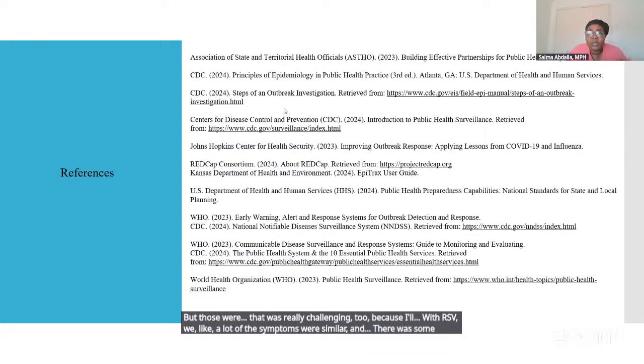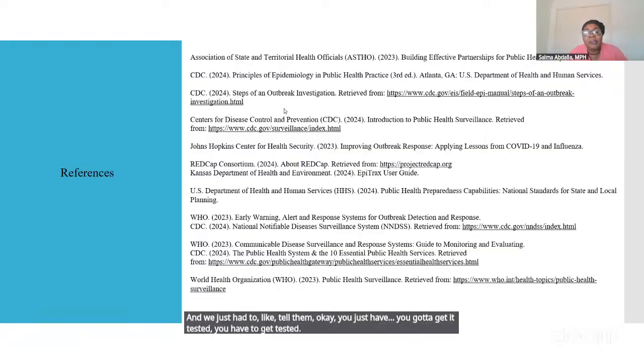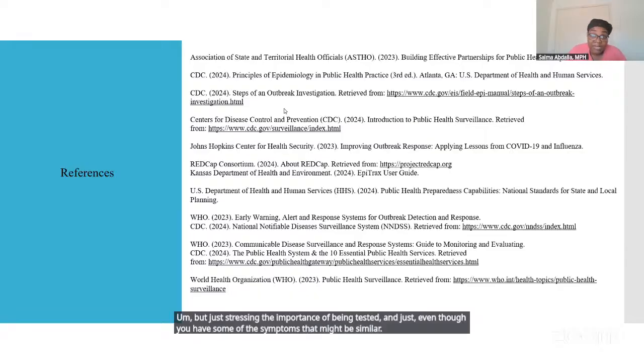People were not sure, is it COVID, or what is this? It was really confusing, and we just had to tell them, you have to get tested. We stressed the importance of being tested, and that even though you have some similar symptoms, you still have to isolate.